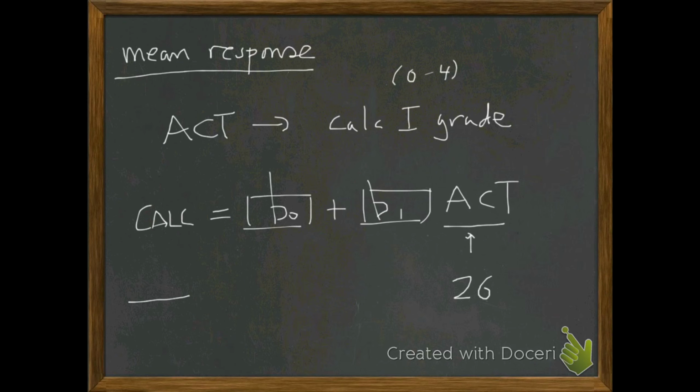So we not only have to get our point estimate, what's the estimated calculus grade from an ACT of 26, but we have to understand there's going to be natural variation within the prediction. Not everybody who has a 26 is going to go out here and make the same calculus grade. That's just where statistics is put on the back burner, a little bit of common sense kicks in. So because the scores are expected to vary, we also want to be able to explain the variation in the mean response. Well, I think this is just cool as hell.